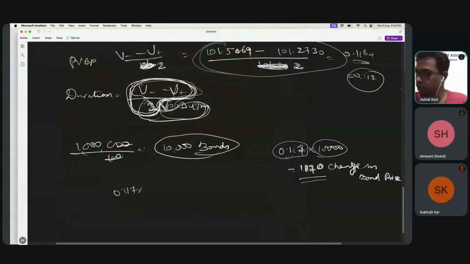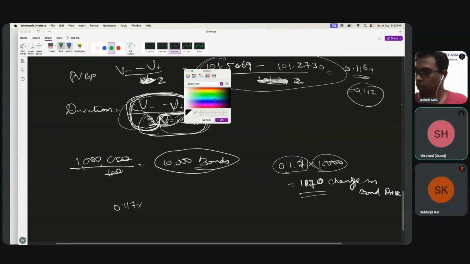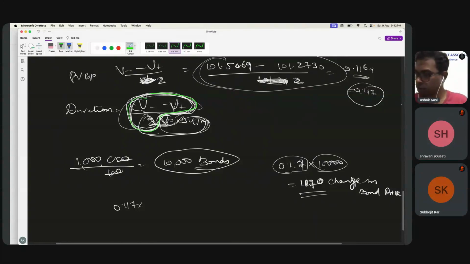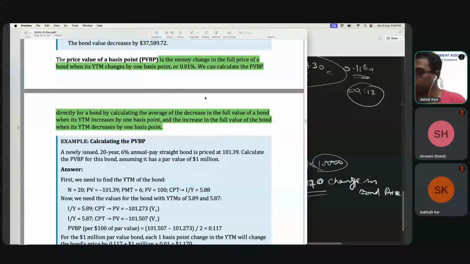Remember, before this I incorrectly said that this part is the PVBP: it is the change for 1 basis point divided by the total change happening. You can read this now: average of the decrease in the full value. Just read this theory.